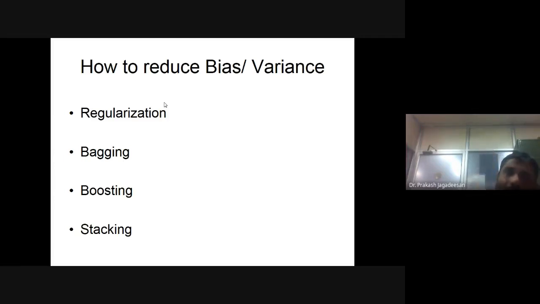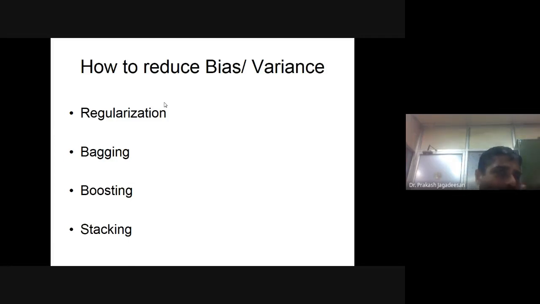There are other emerging techniques called bagging, boosting, and stacking, which belong to ensemble learning in machine learning. Using these ensemble learning techniques, one can reduce this bias and variance.